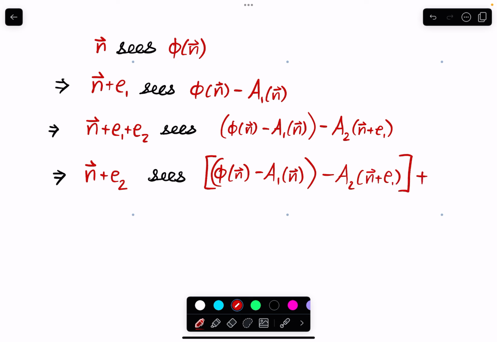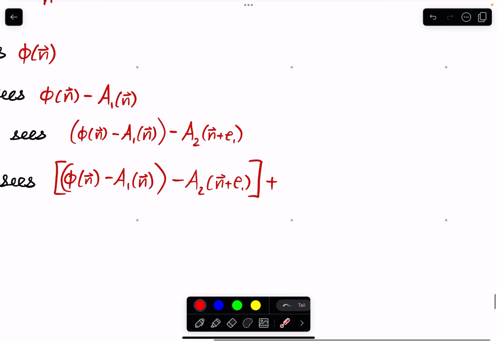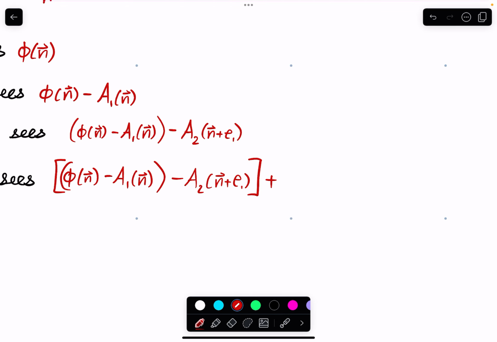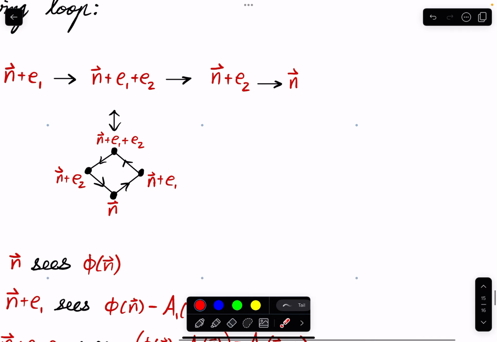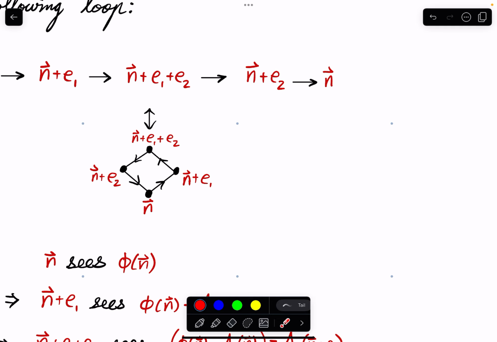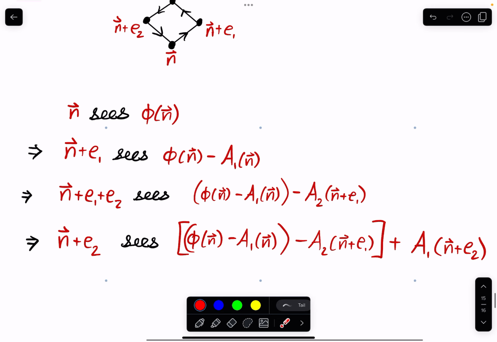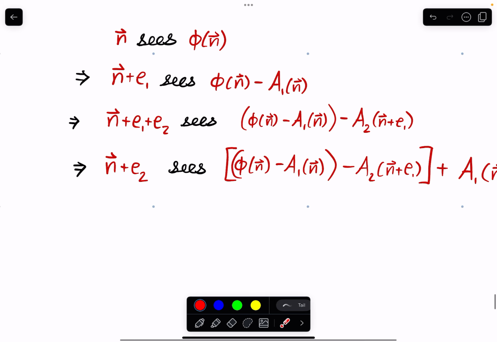But then again, because we subtract e1 here, we have to add a connection, and that connection ends up being in the A1 direction, e2, right? Because this being positive indicates that we're going from here to here. And likewise, from here to here, this is also going to be a positive value. So you get negative connection, positive connection, positive connection.